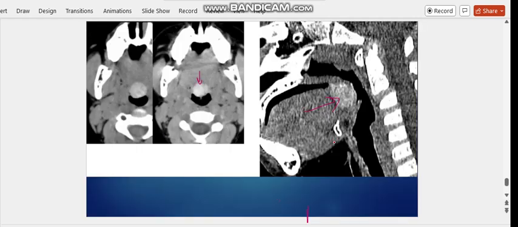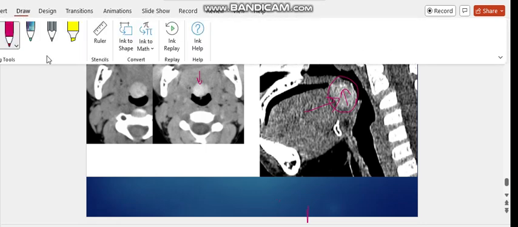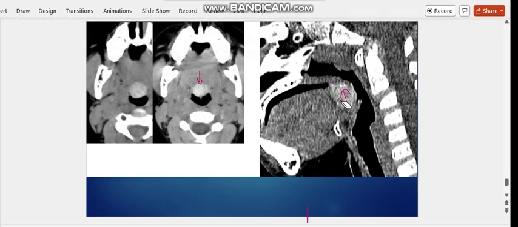However, in lingual thyroid ectopia or ectopic thyroid, the lesion will be hyperdense. As you can see, this is a hyperdense lesion on non-contrast CT scan.